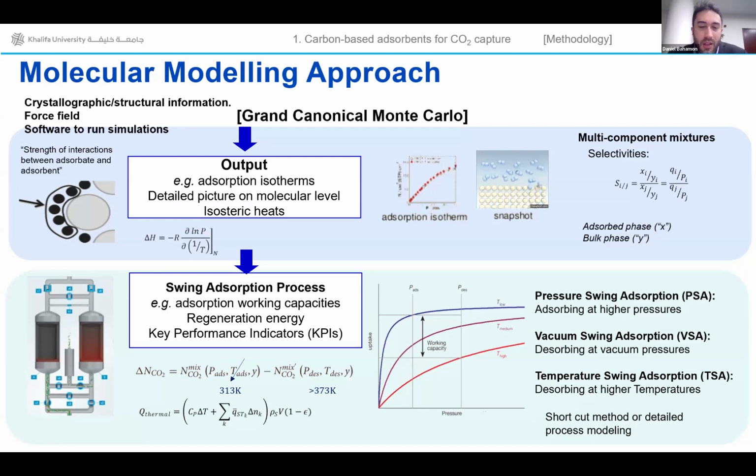So we can talk about key performance indicators, where we can obtain working capacities, which is basically the information related to the adsorption and desorption conditions. We also have the regeneration energy, which is related to the amount of CO2 that you are recovering from the material, the purity, the regenerability in case you want to use it in multiple cycles, and so on.